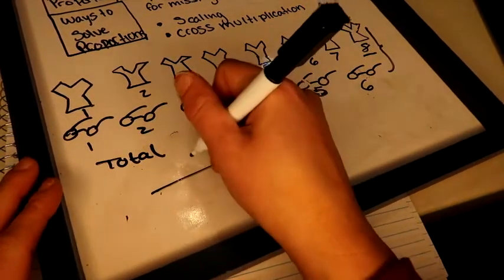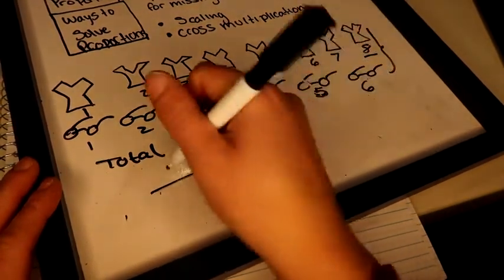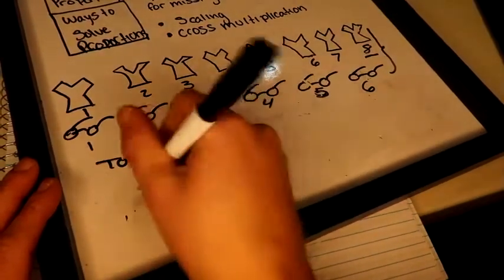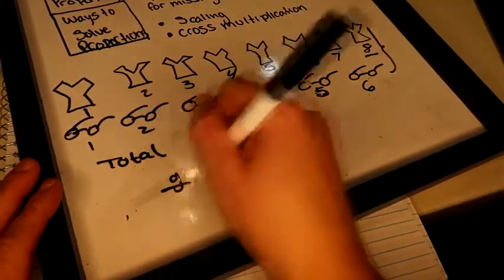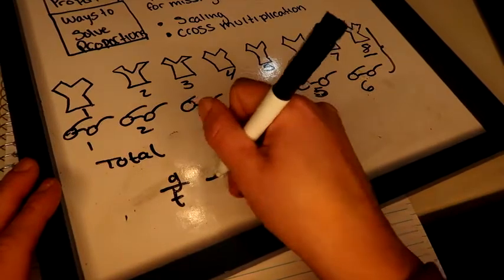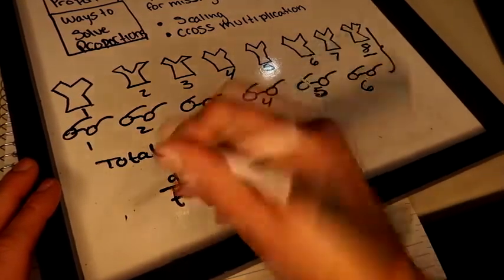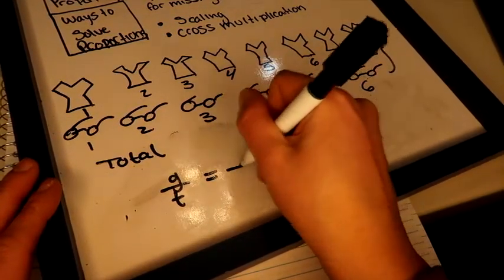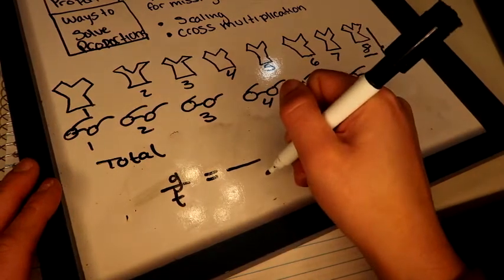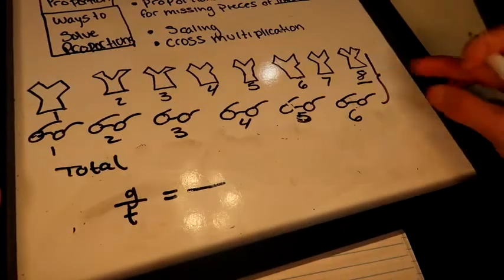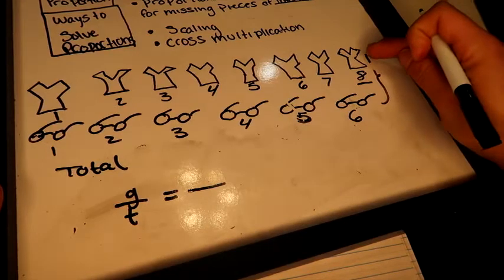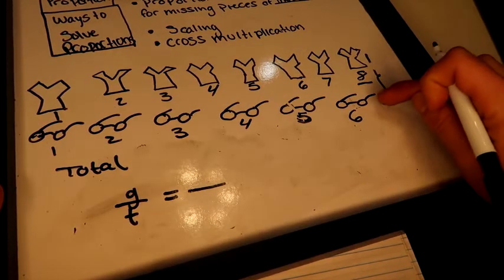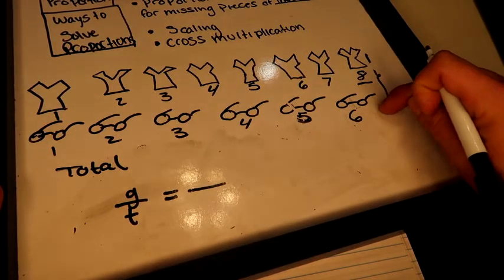So again, I'm just going to write G and T. G is for goggles, T is for total. So what is my total number of merchandise? Meaning, what is my total number of jackets and my total number of goggles?